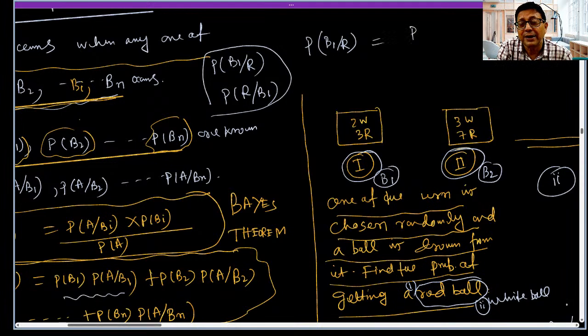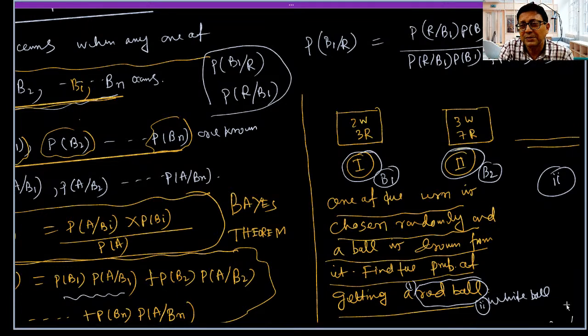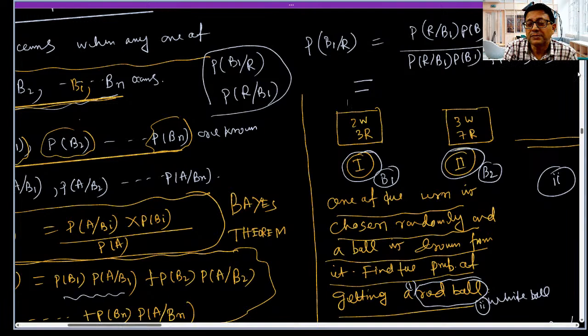This is going to be P R by B1 times P B1, divided by that total probability: P R by B1 times P B1 plus P R by B2 times P B2. Clear? So P R by B1 is what? Red from this is 3 by 5, half. 3 by 5 into half plus 7 by 10 into half.